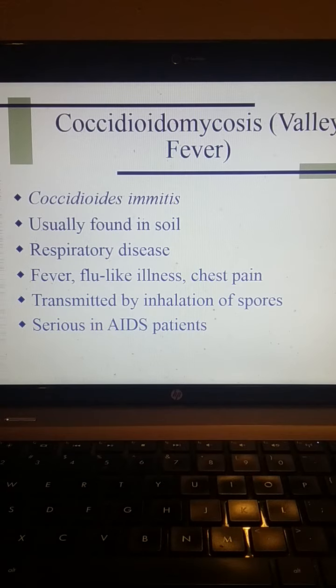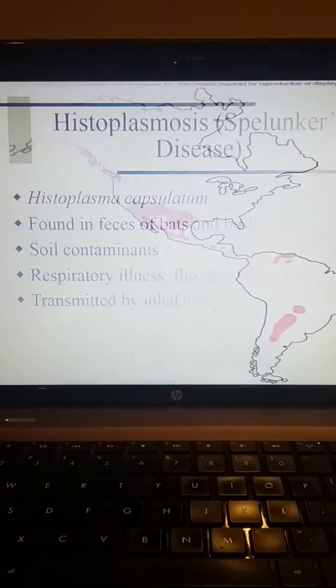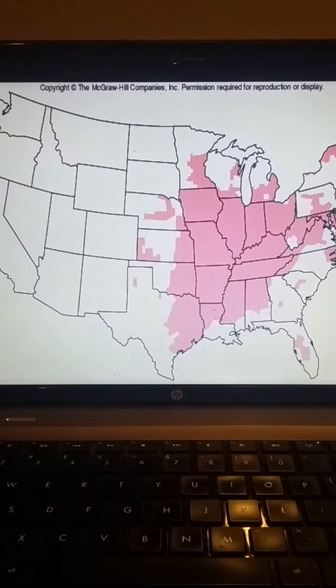So you need to know the name of the disease caused by the fungi, and also the symptom. You do need to know one example.